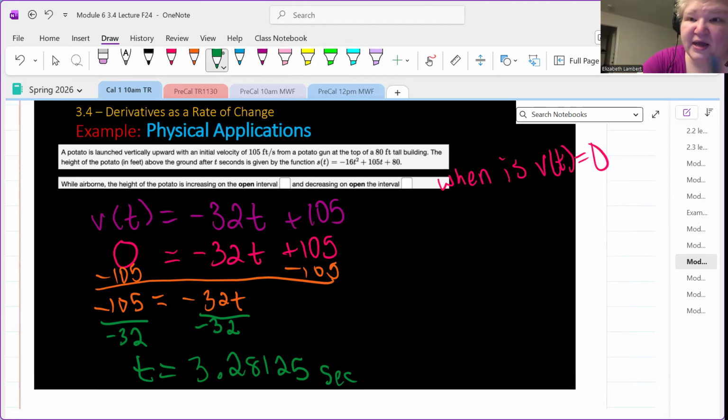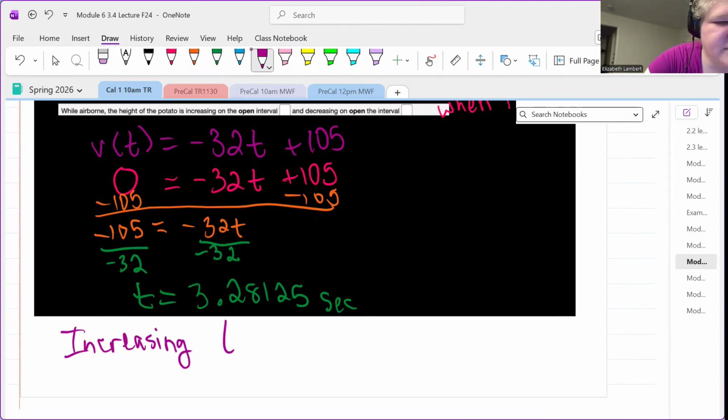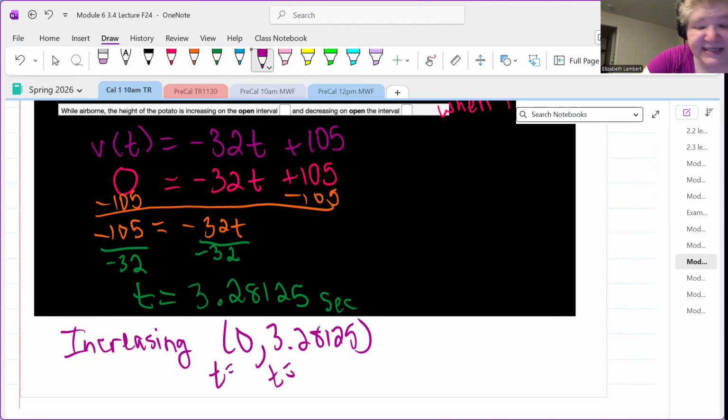But I can put in the starting interval. So I can answer, where is it increasing? It's increasing from 0 to 3.28125. Now this is both t numbers. This is t equals 0 and t equals 3.28125. Those are two input numbers on the x-axis.